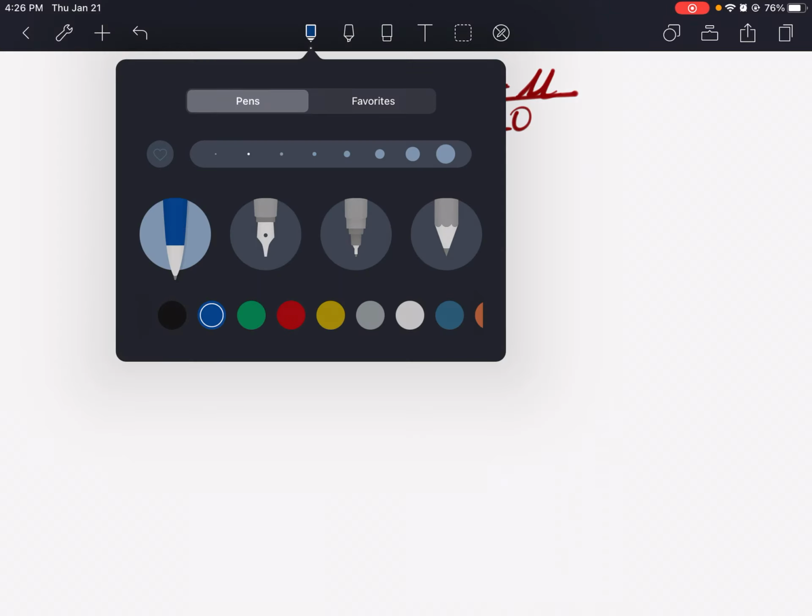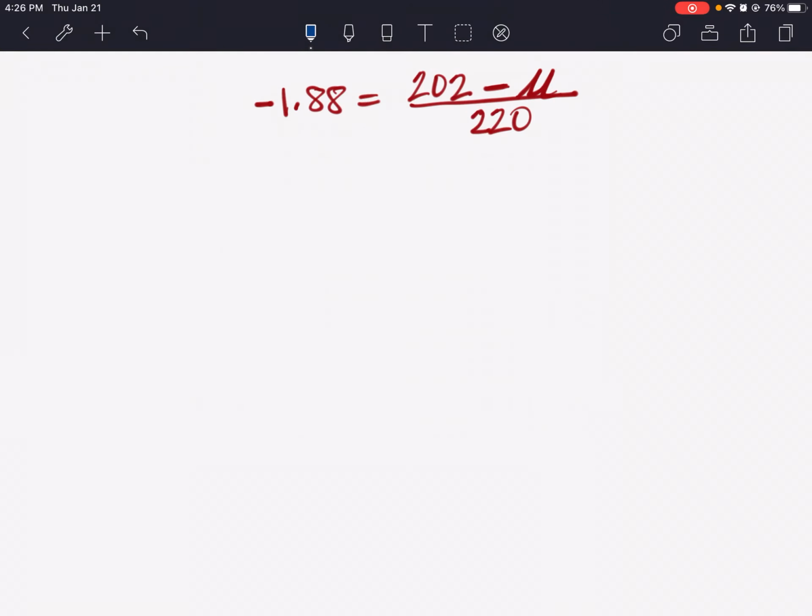All right, so z equals x minus the mean over the standard deviation of 220. Okay, so now let's see what we do. We're going to multiply by 220 on both sides.